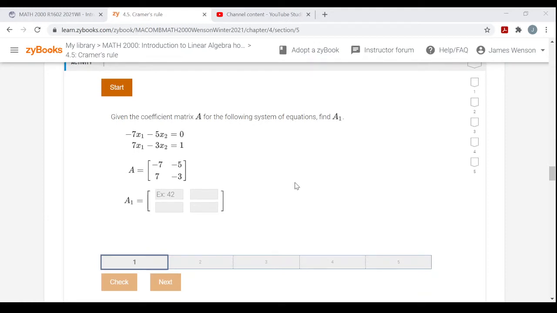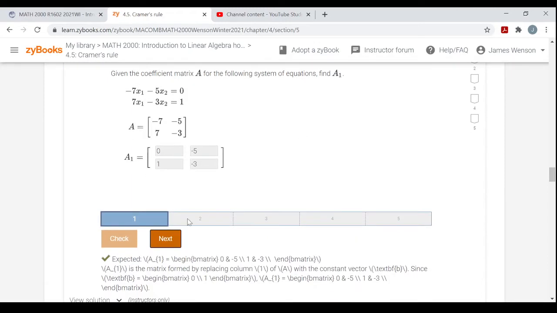Now this one, see the first problem here is just what would be the matrix A1? So it's just replace the coefficient matrix, replace the first column with 0 and 1. The second column stays the same, -5 and -3, and that's all this first one is. All right, let's see.